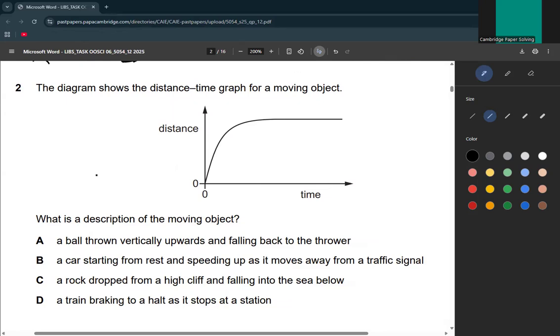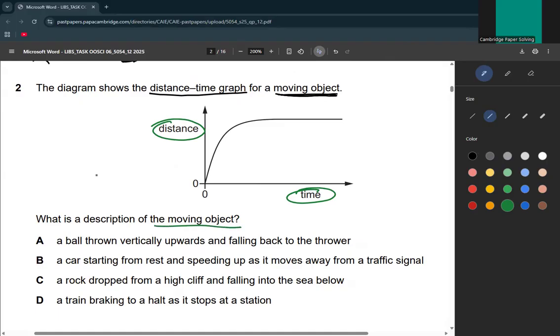Okay, so the diagram shows the distance time graph for a moving object. Let's change the color. Distance is on the y-axis and the time is on the x-axis. What is a description of the moving object?